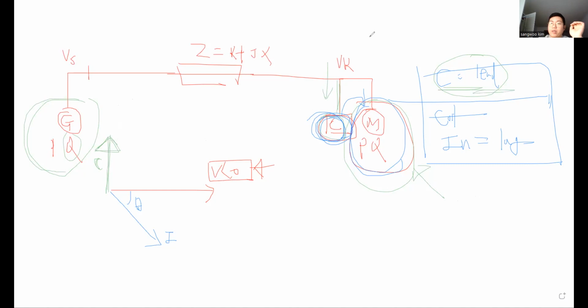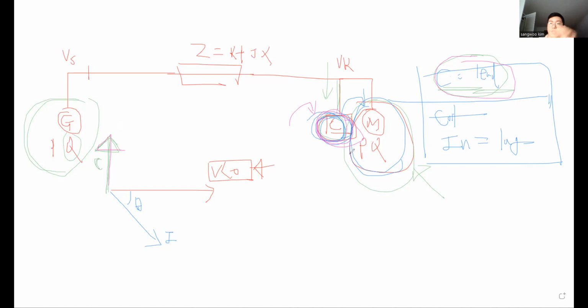But if it works as a supplier to the motor, this is now a supplier, right? At first, when it spent the leading current, this capacitor was a consumer, like a motor.